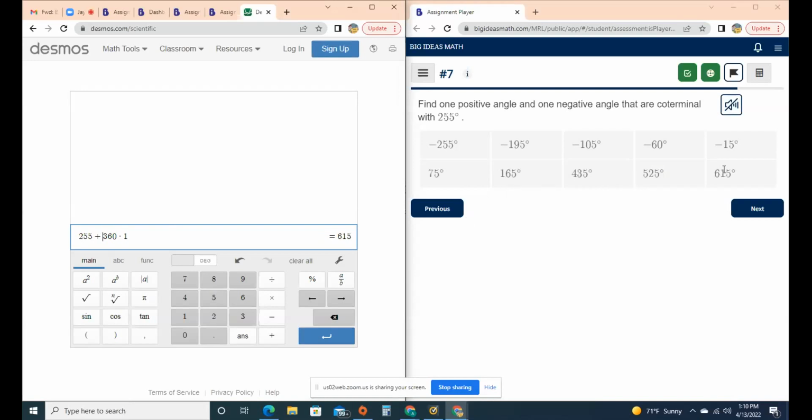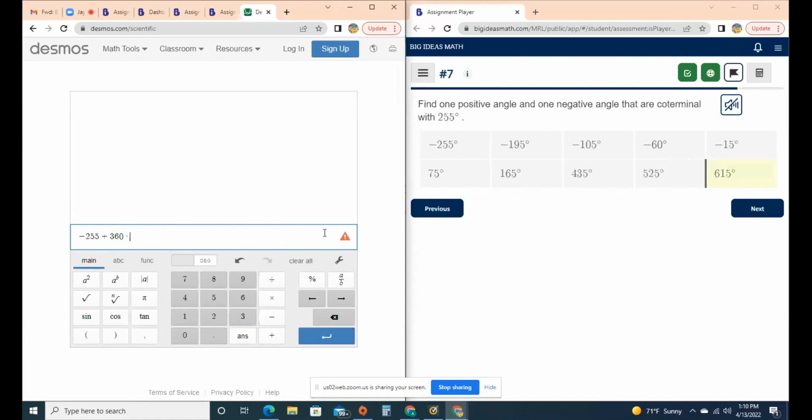So 615 there. There it is. So you've got the positive one, so you got to go negative. Right. So to do that, you have to subtract 360. You can't keep adding.